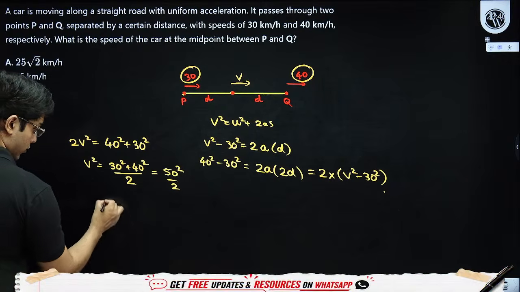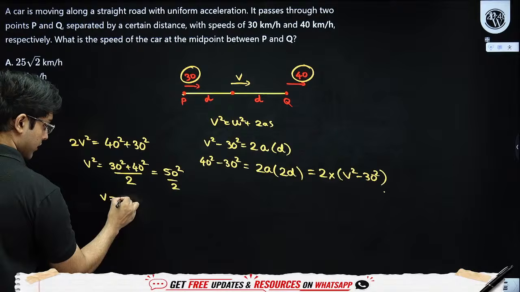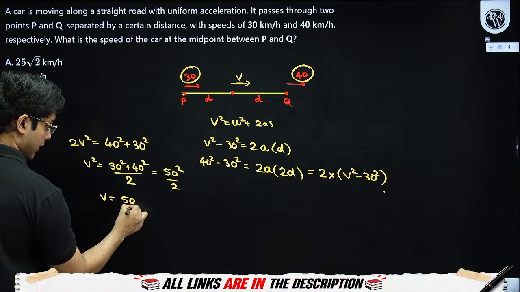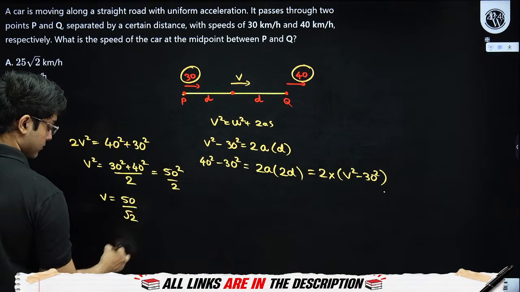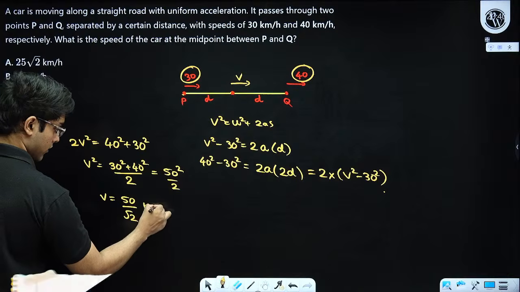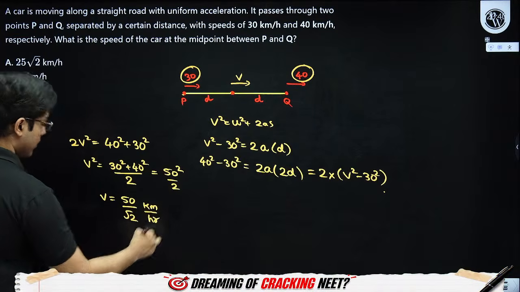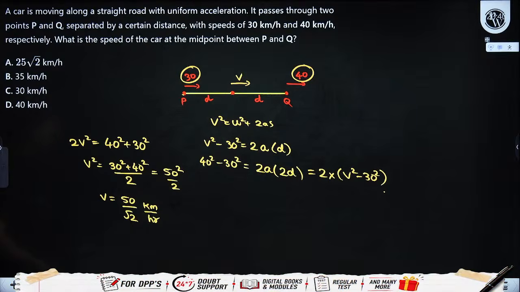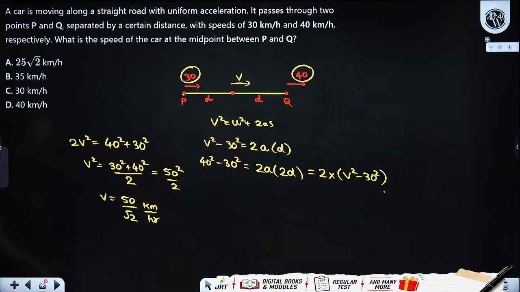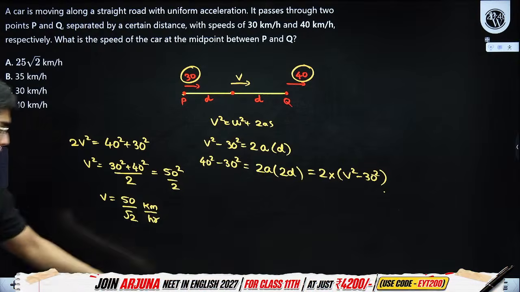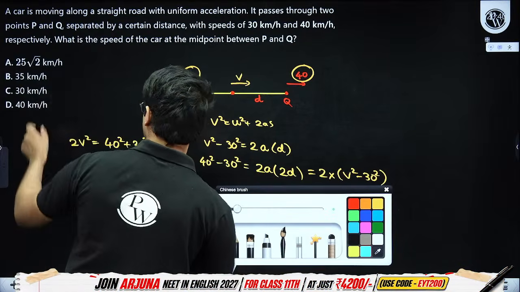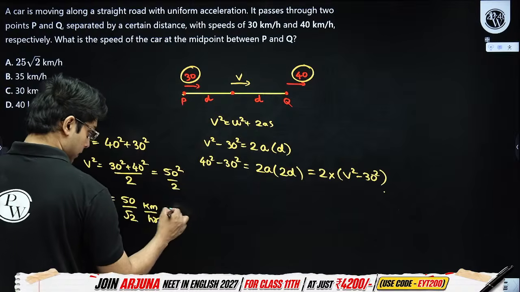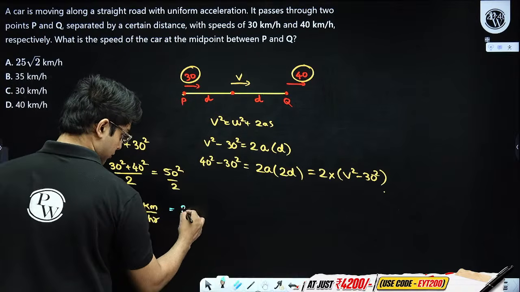Now take the square root, so it will be 50 divided by root 2. You can make it look like an option by multiplying and dividing with root 2, so it will become 25 root 2.